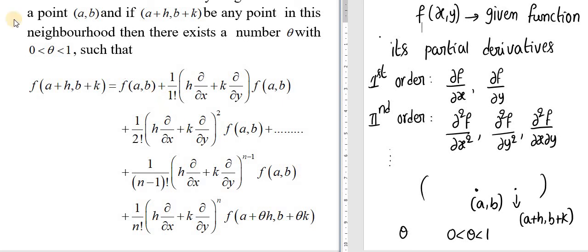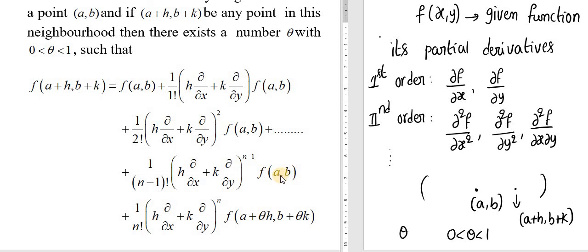Here you observe this term and this term. Here we have 1 factorial and power is 1. Here we have 2 factorial and power is 2. Remaining base term and f of a, b is same, plus 1 by n minus 1 factorial h into dou by dou x plus k into dou by dou y power n minus 1 f of a, b.